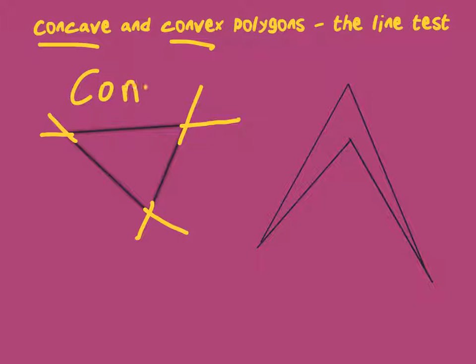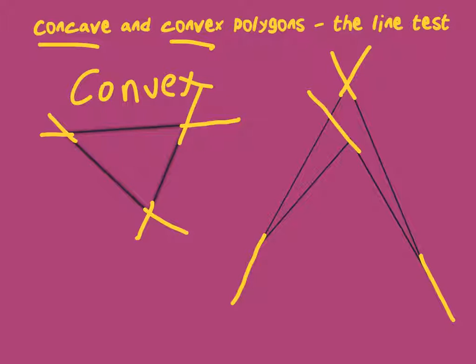On the other side, if we look at this one over here, if we were to do the same test, we were to extend this line in both directions, extend this line in both directions, and this line in both directions.